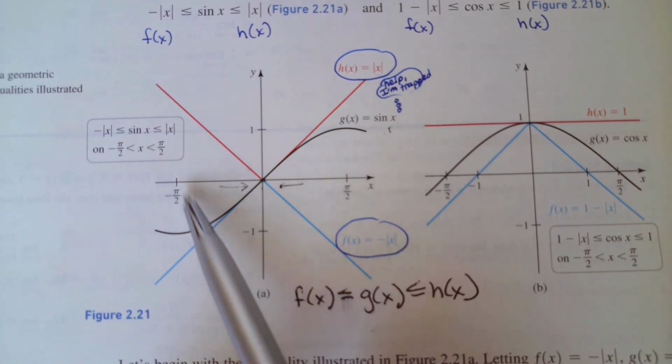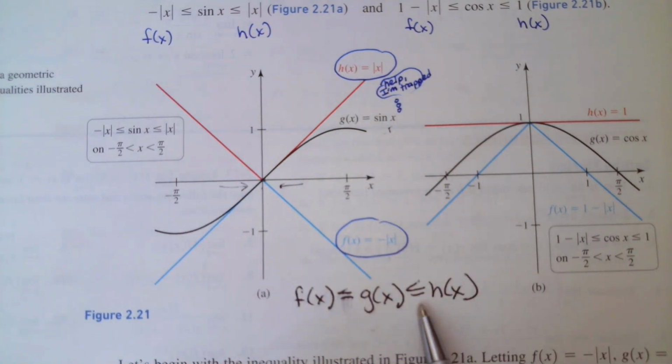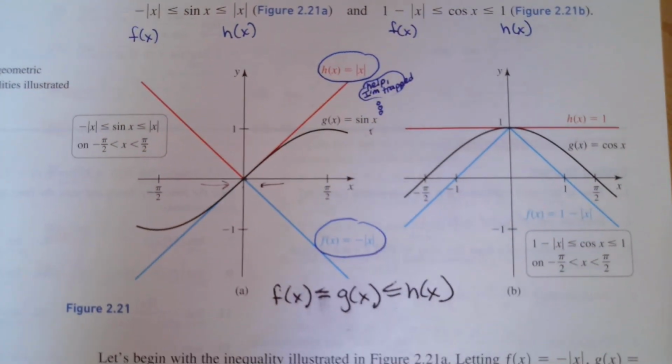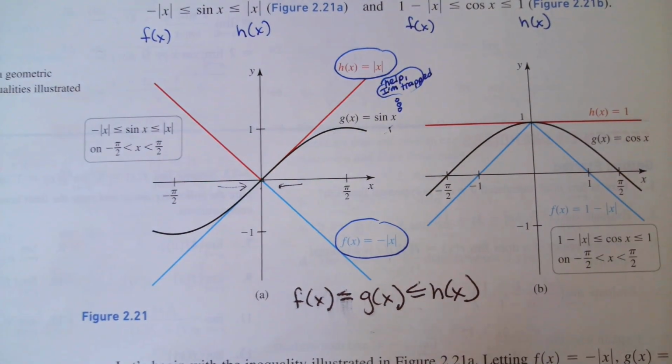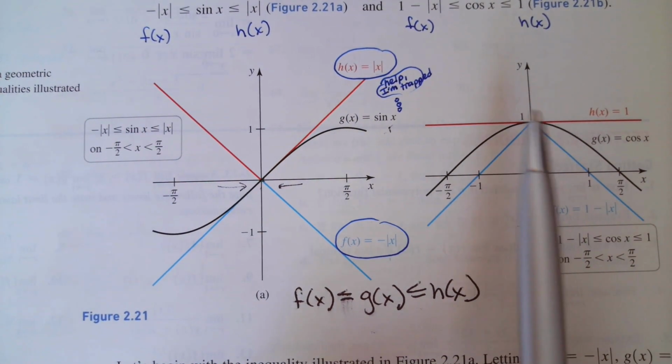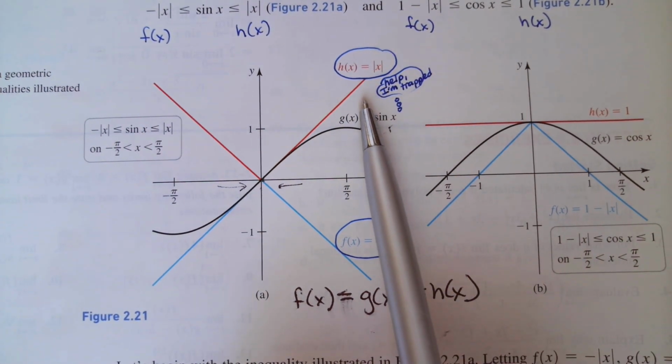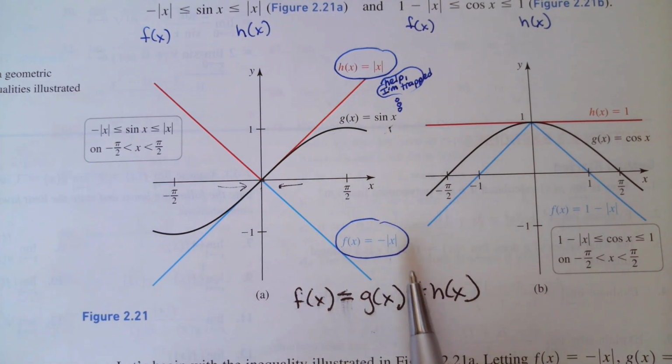And they're making the statement that this g of x, this sine of x, always lives between this blue function, which is f of x equals negative absolute value of x, and this red function, which is h of x equals absolute value of x. So we have those two functions.